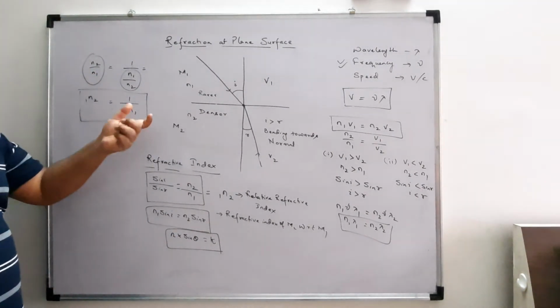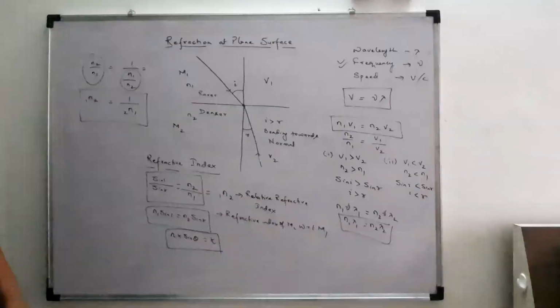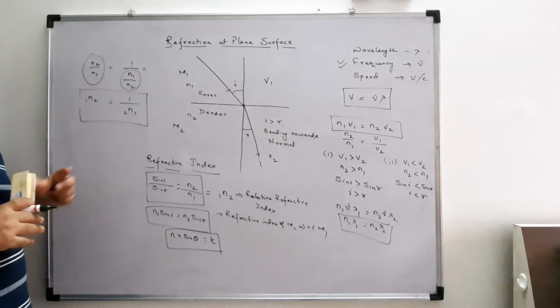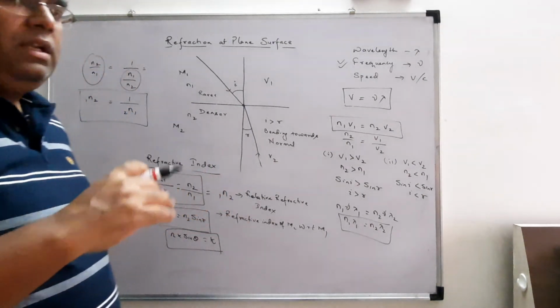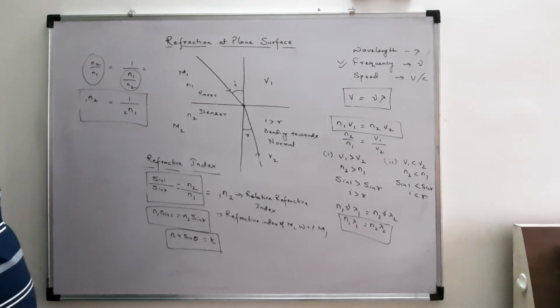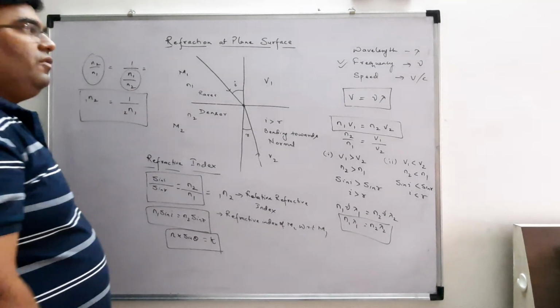When you are comparing two mediums, the refractive index of one medium as compared to the other is always the reciprocal of the refractive index of the other medium as compared to the first medium. What is the refractive index of air?